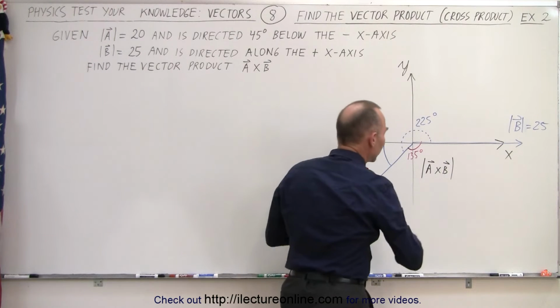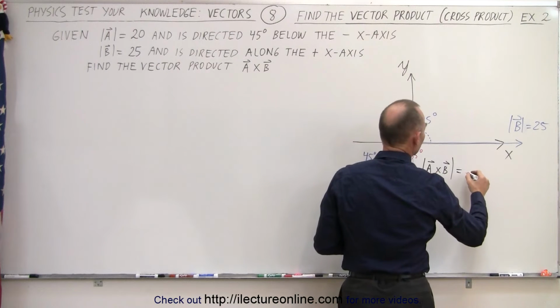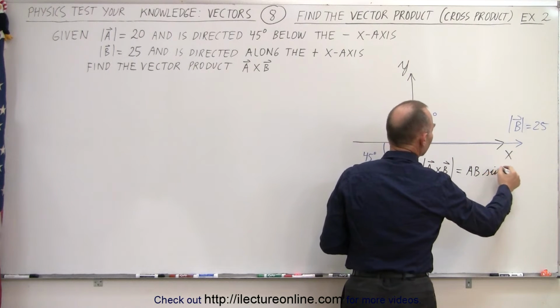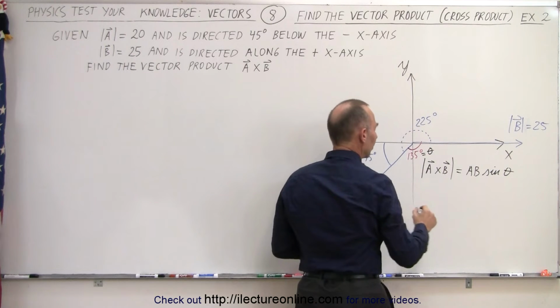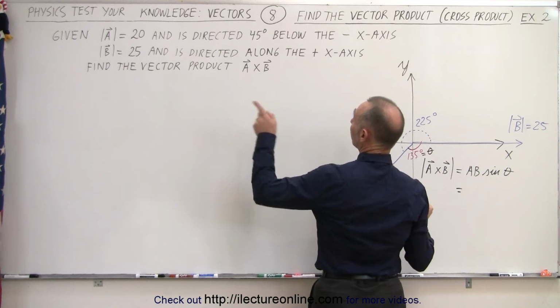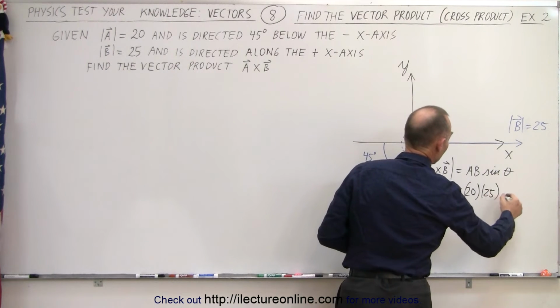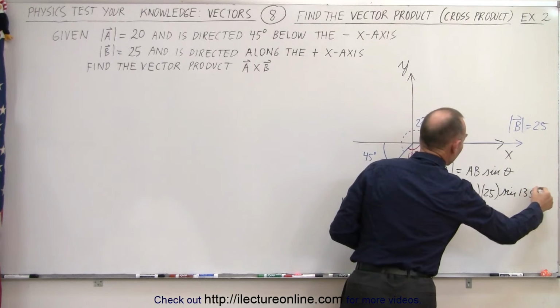All right, so A cross B, taking the angle of 135 degrees, would be equal to the magnitude of A times the magnitude of B times the sine of the angle between them. So let's call this the angle theta. So in this case, the magnitude of A is 20, the magnitude of B is 25, and then we take the sine of the angle of 135 degrees.